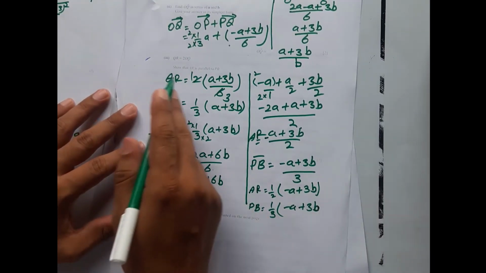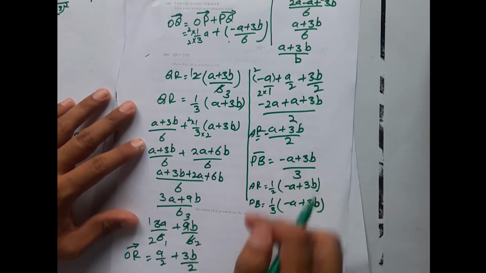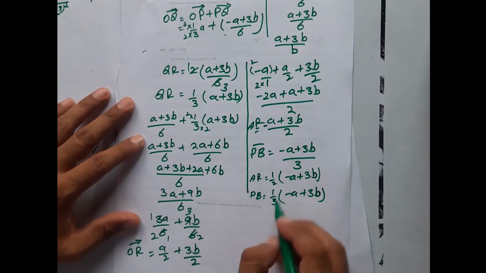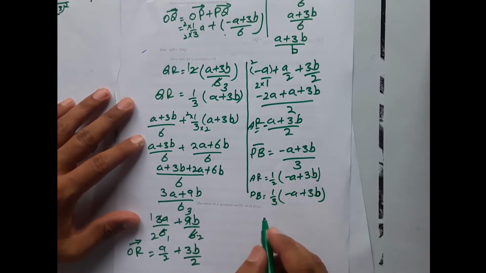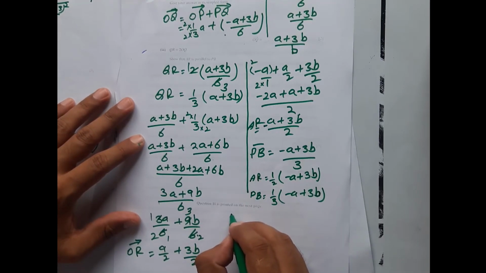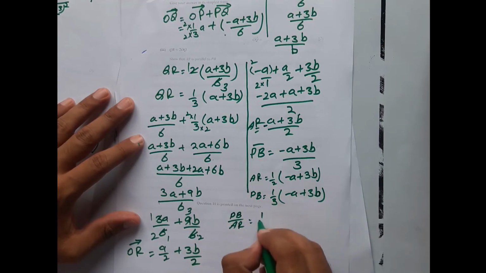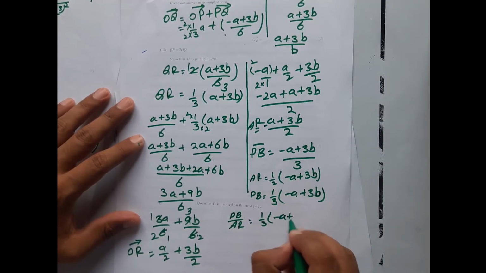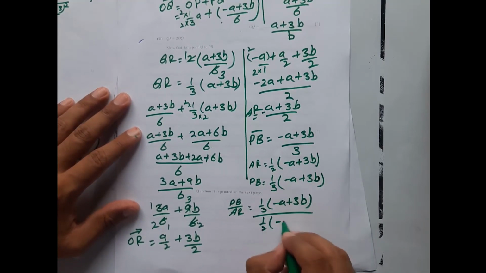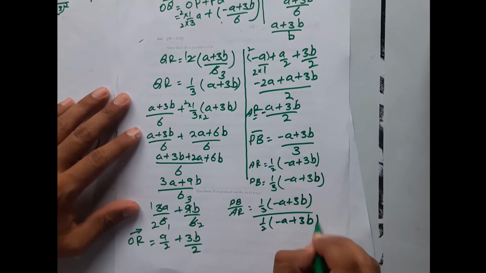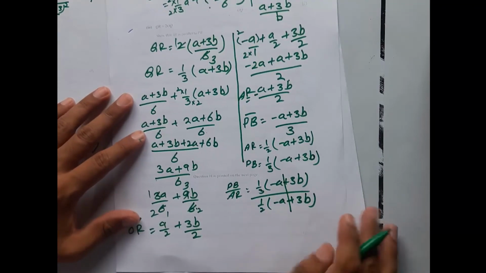We have to prove them parallel. We can write as a ratio, PB over AR. So PB over AR will be equal to 1 over 3 into minus a plus 3b over 1 over 2 into minus a plus 3b. So this will be cancelled.